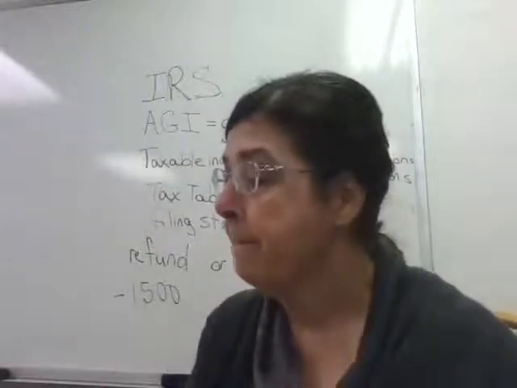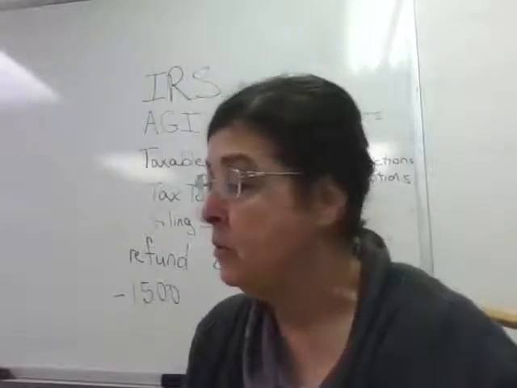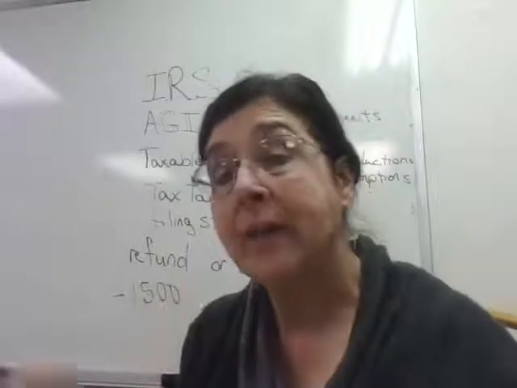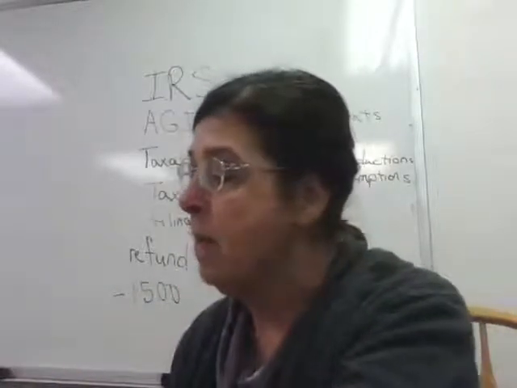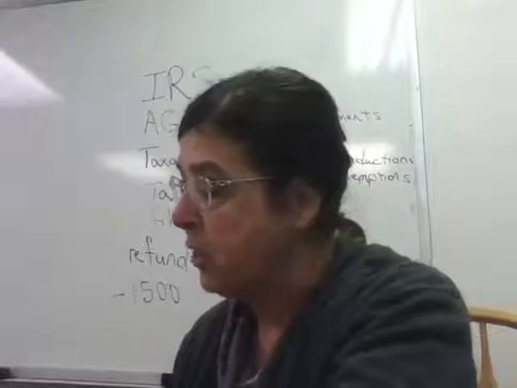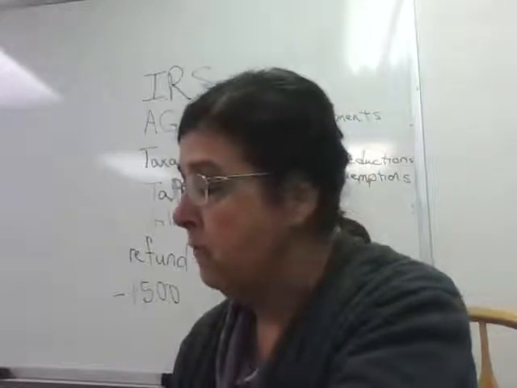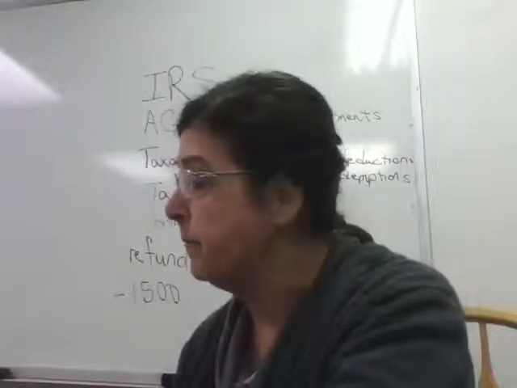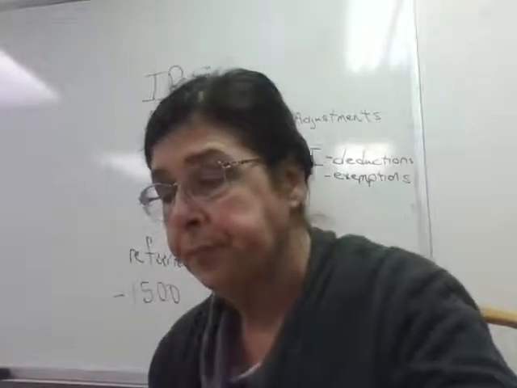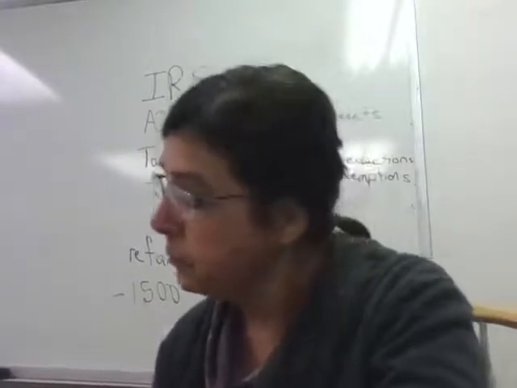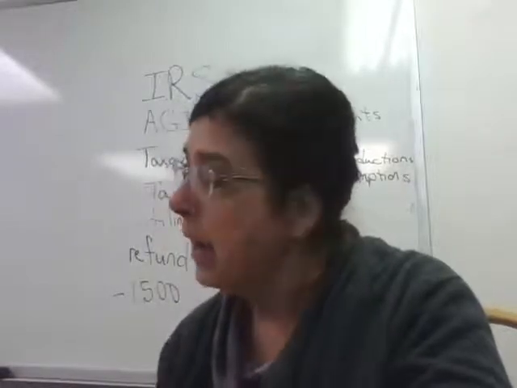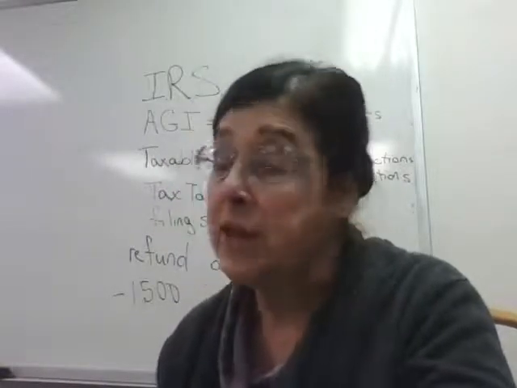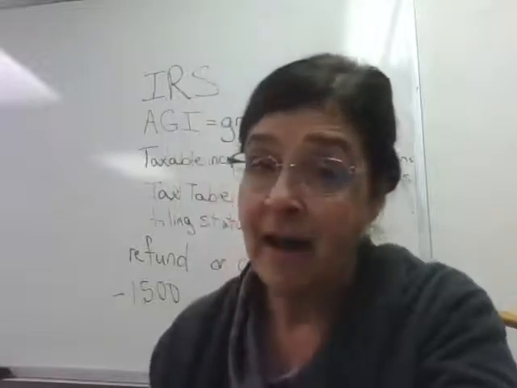Now, that is your taxable income. We're going to plug that number into the tax table on page 475. When we turn back to 475, and actually in my book it's 473 to 475.